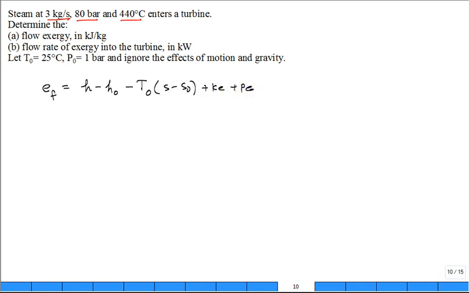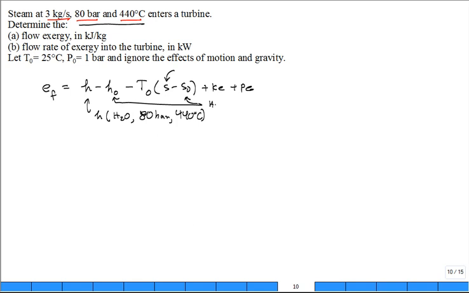All right. At this temperature and pressure, can I get h? Can I find h for steam, H2O, at 80 bar at 440 degrees C? I sure hope you can. And as well as s. So can you find s at 80 bar, 440 degrees C? What about h naught and s naught?